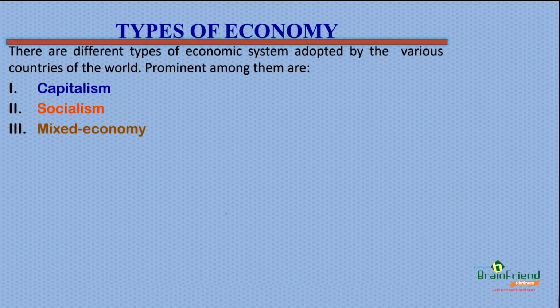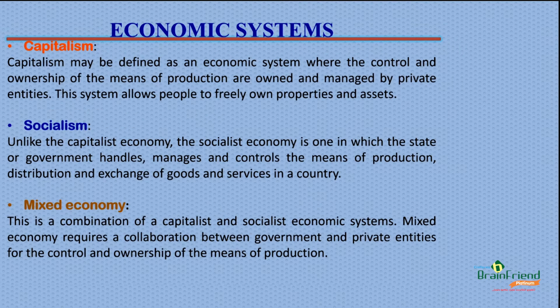Let's go on looking at the types of economy. There are basically three types of economy. We have capitalism, socialism, and mixed economy. What's capitalism? Capitalism may be defined as the economic system where the control and ownership of the means of production are owned and managed by private entities.